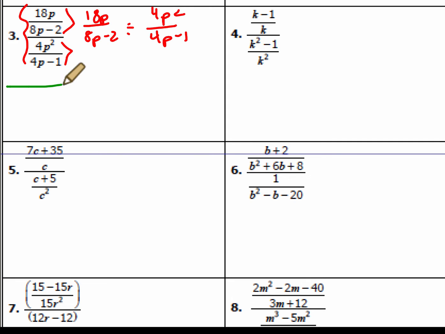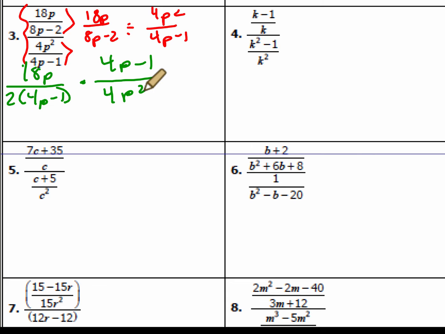I'm going to do both at the same time. I know that 18p is not factorable, but in 8p minus 2, both terms are divisible by 2, giving me 2 times 4p minus 1. Changing division to multiplication, 4p minus 1 is now my new numerator, and it cannot be factored, and 4p squared is now my new denominator.